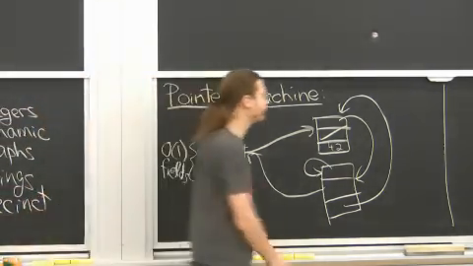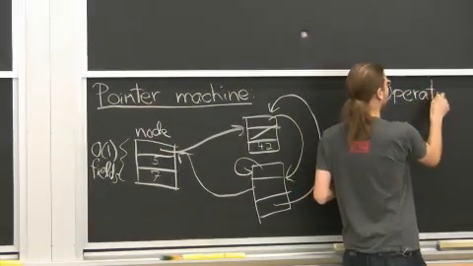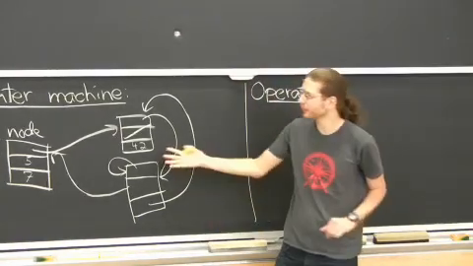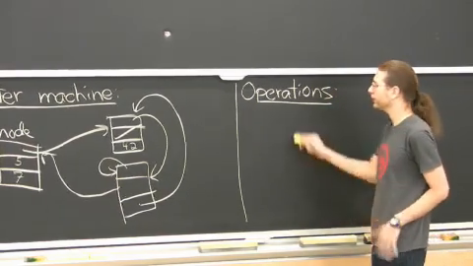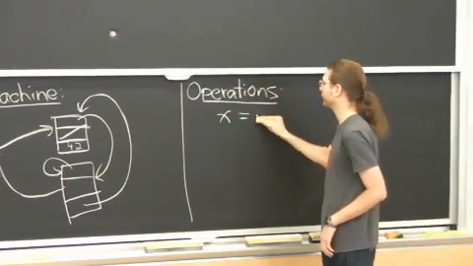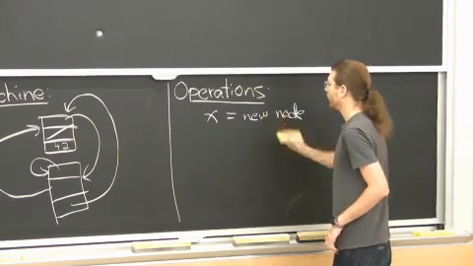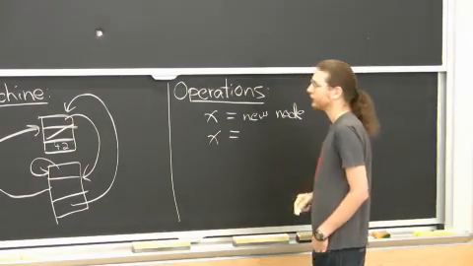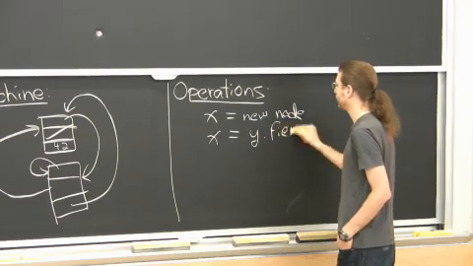And then you have some operations that you're allowed to do. That's the computation part of the model. You could think of this as the memory model. What you're allowed to do are create nodes. So you can say something like x equals new node. You can look at fields. So you can do x equals y dot field.